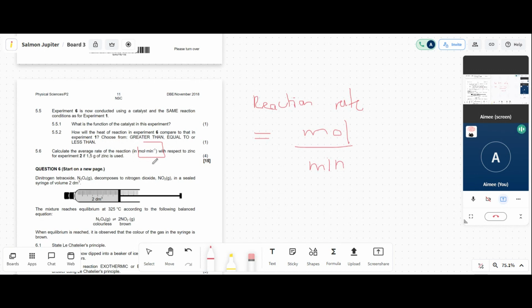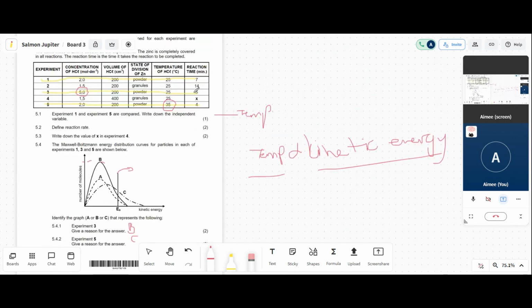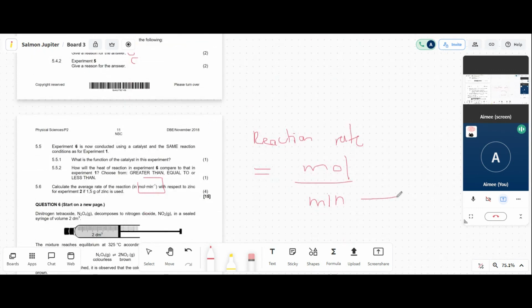Our only issue here is if we use the exact same reaction conditions as experiment 2, it says that it took 14 minutes. So you know that your minutes are 14, but you still have to calculate your moles, and they've given you mass. You can convert mass to moles if you know the identity of your atom, which you do. The formula for converting mass to moles is number of moles is equal to mass over molar mass, small m over big M. So that's going to be equal to 1.5 grams.